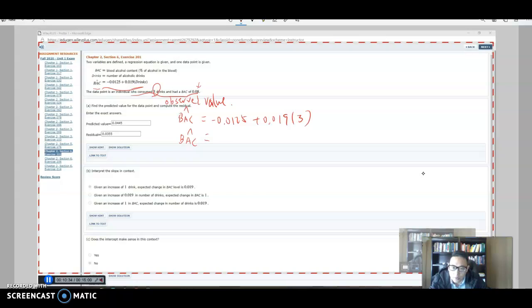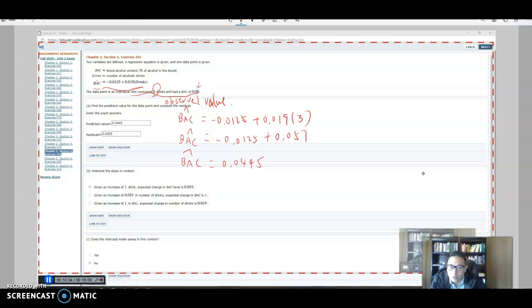If you calculate this one, it will be negative 0.0125 plus, I believe, 0.057. And then if you calculate that, the BAC is equal to 0.0445. Okay, 0.0445 for this one.